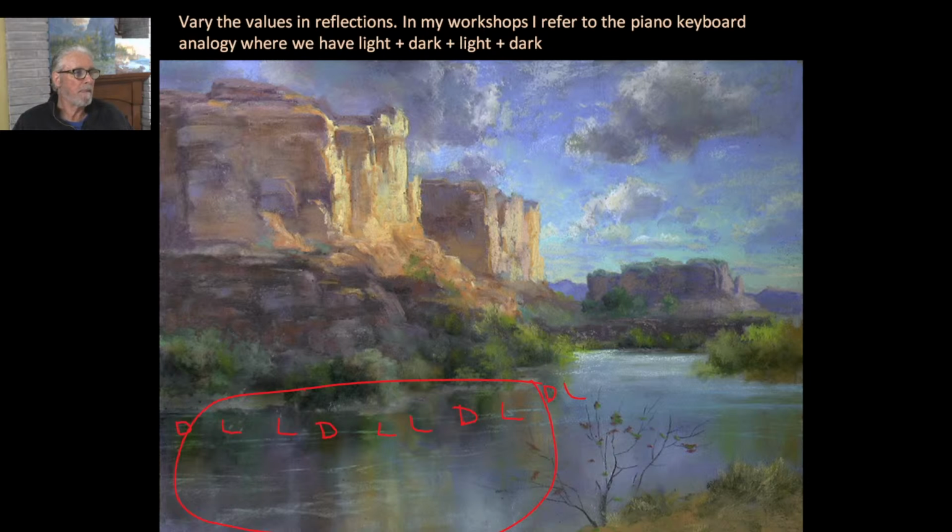Now, I want to do this for you too. Okay, the trick is when you do these reflections, start darker where it starts at the very place where the reflection starts and gradually get lighter as you go down.